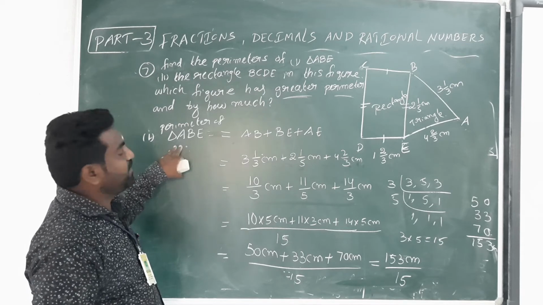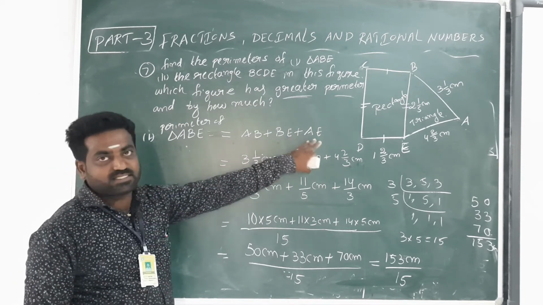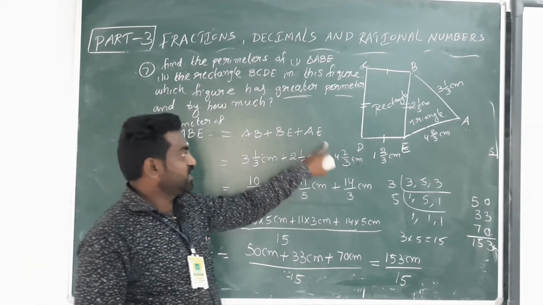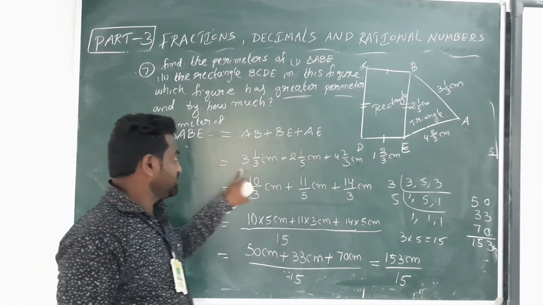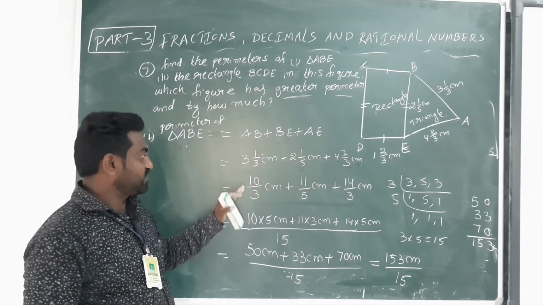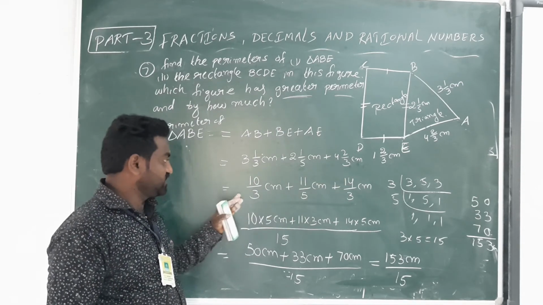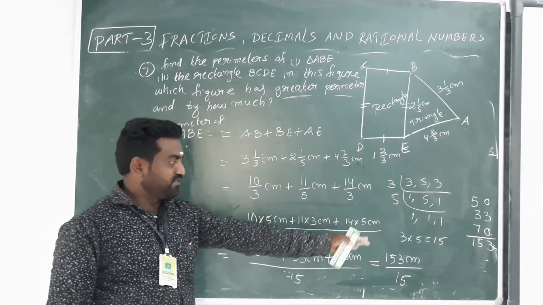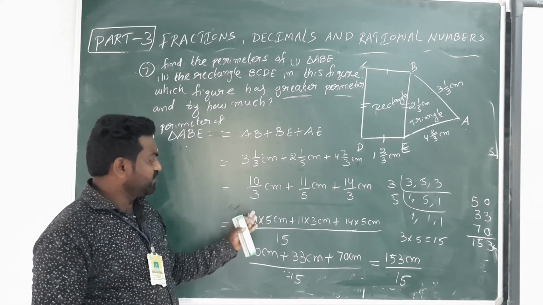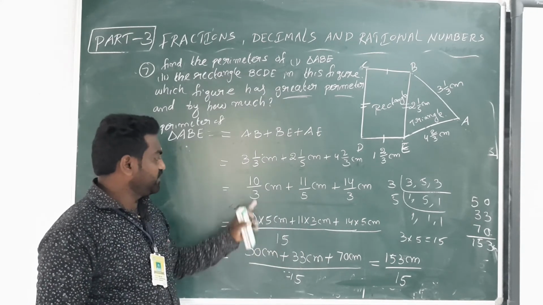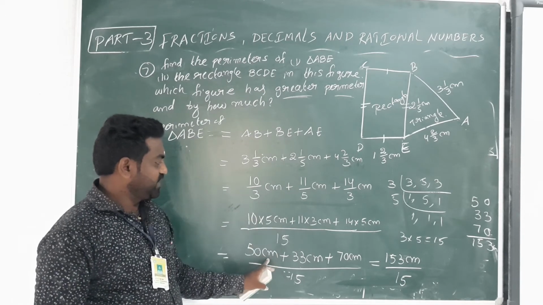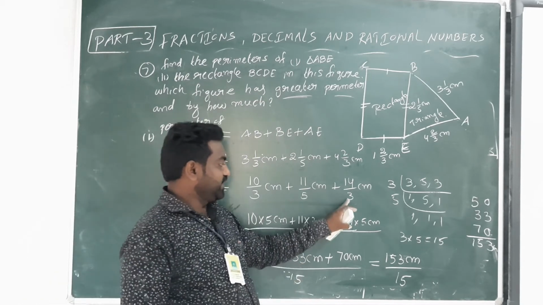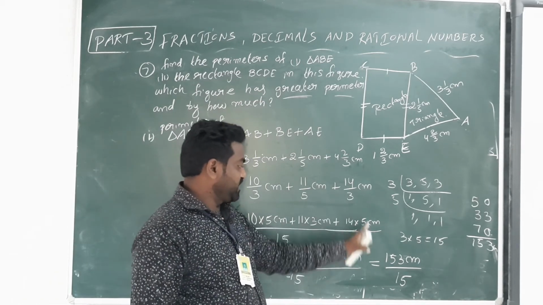Once again, to repeat: perimeter of triangle ABE equals AB plus BE plus AE. AB is 3 1/3, BE is 2 1/5, AE is 4 2/3. These are mixed fractions, so they are converted into improper fractions. Next, take the LCM of 3, 5, and 3, which is 15. So 3 table 15, 5 times, numerator 10 into 5 is 50 centimeters, plus 5 table 15, 3 times, 11 into 3 is 33, plus 3 table 15, 5 times, 14 into 5 is 70.